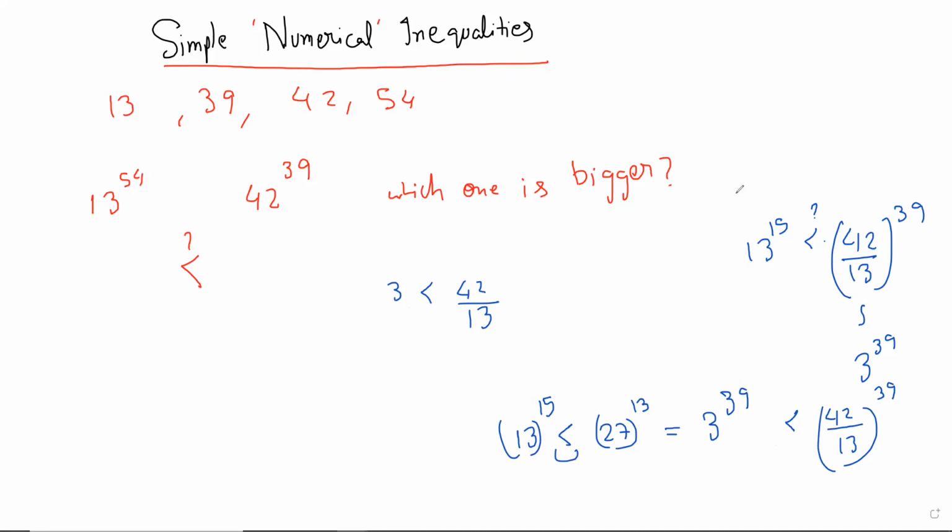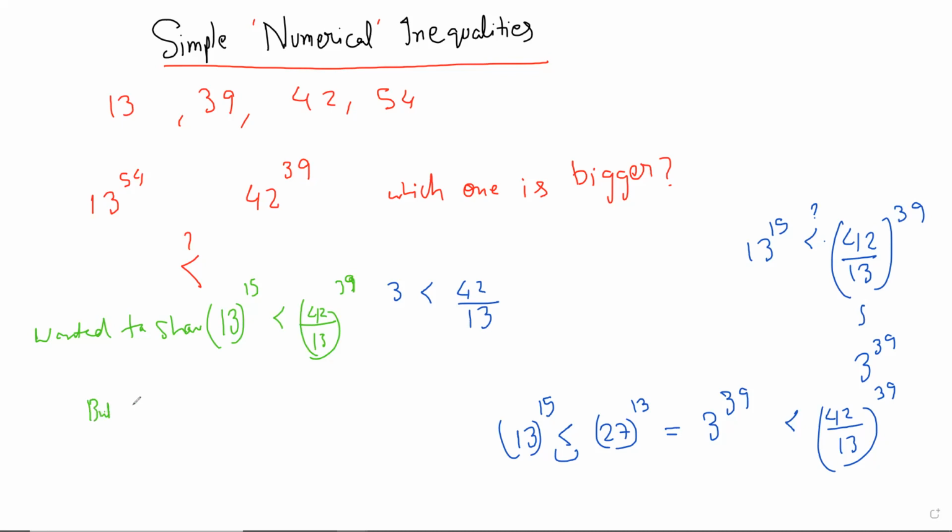Okay, right. So in some sense, it was good that, let me write it in words. We wanted to show, let's say for a moment, that 13 to the power 54 is less than 42 to the power 13 to the power 39, because we divided.